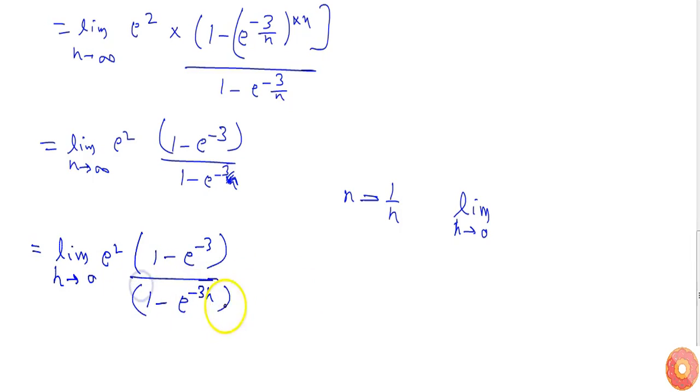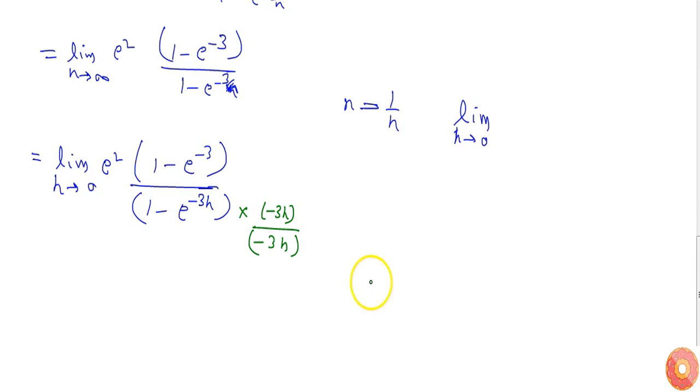Now if I multiply and divide by minus 3h in the denominator, I'll get the limit h tends to 0, e square.